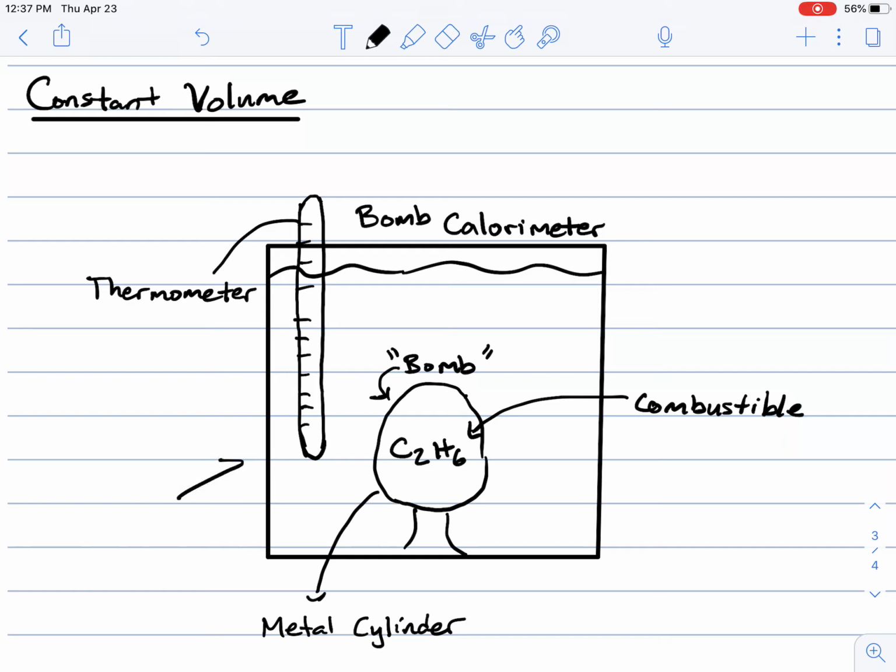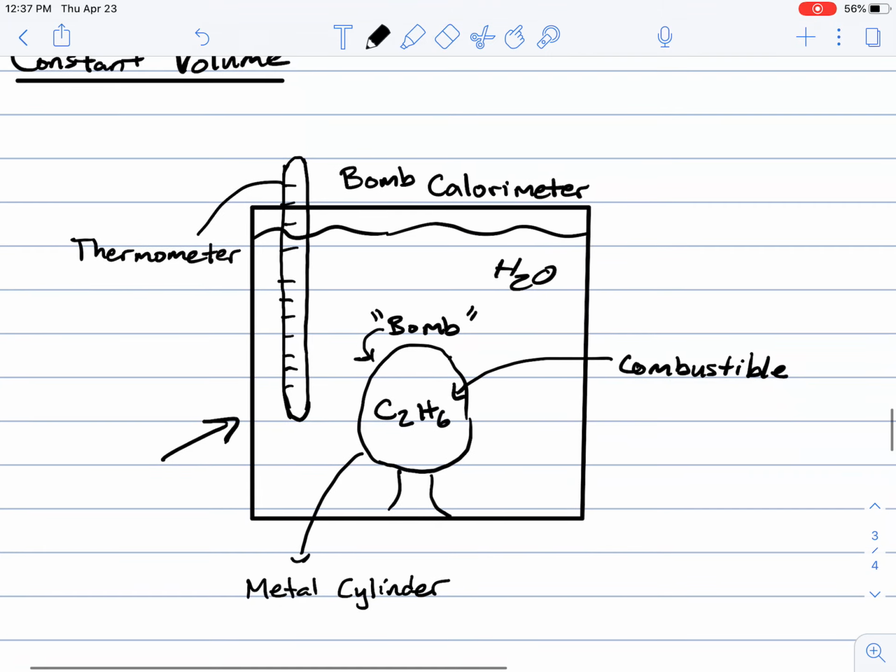The bomb calorimeter is composed of two metallic vessels, one on the outside and one on the inside. Obviously we have the outer container, and that outer container is going to hold the water. And there's going to be an inner metal cylinder, and that metal cylinder is what we're referring to as the bomb. Okay? And it's not like a grenade.